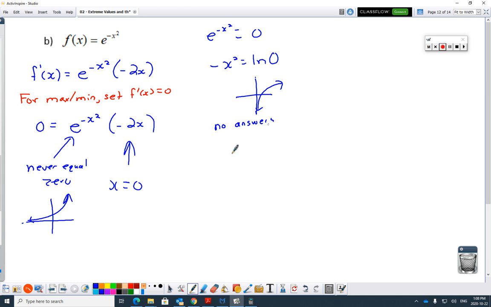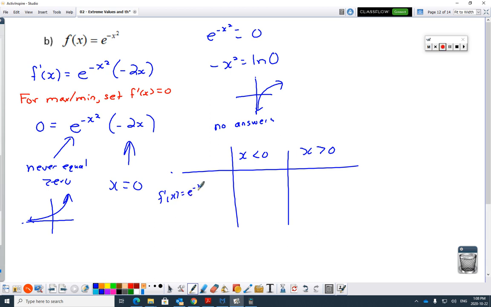Now I'm ready for my chart. x less than 0, x greater than 0, f prime, which is e to the negative x squared, times 2x. My points, I'm going to use negative 5 and positive 5 as my test points. And when I sub those in, e to the negative x squared is always positive. This will be negative, so I get negative.